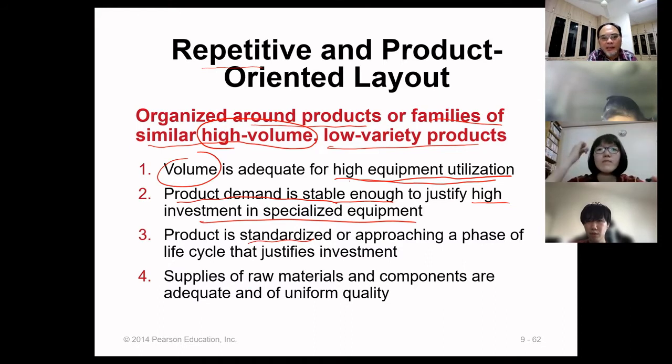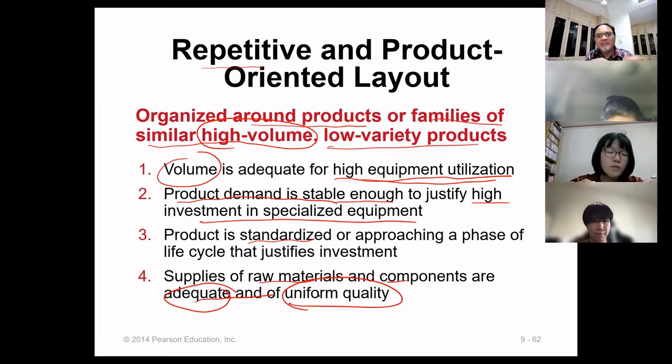And also the supply of raw material must be adequate and of uniform quality. So imagine a repetitive production line. If the delivery of, for example, car seats is not meeting the requirement, defective, then you cannot install on the line.